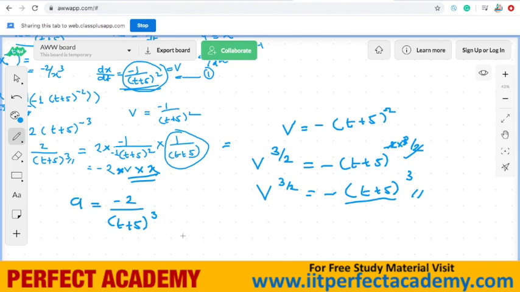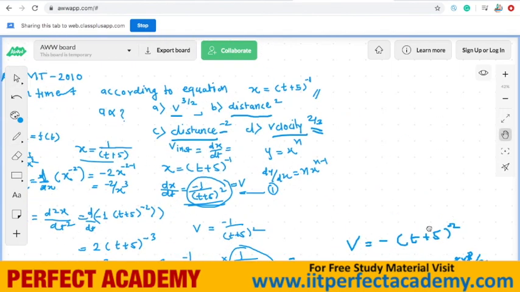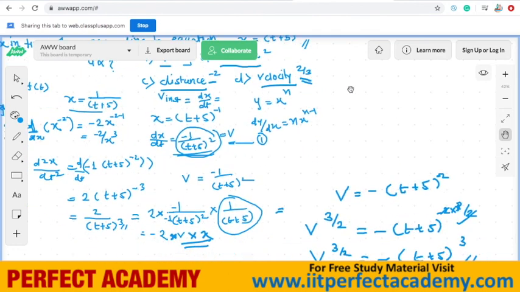So by considering that, acceleration I'll be able to get as -2 into v to the power 3 by 2. But is it there in the option? Acceleration is equal to v to the power 3 by 2. Which option is it? V to the power 3 by 2 is there.